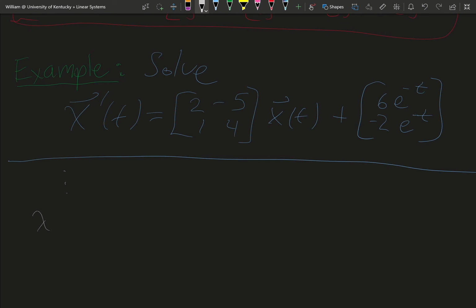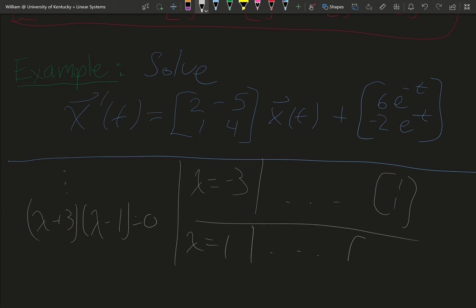All right, so we get our characteristic equation, lambda plus 3, lambda minus 1. For our eigenvalue of -3, we get an eigenvector of 1, 1. And for our eigenvalue of 1, we get an eigenvector of 5, 1.